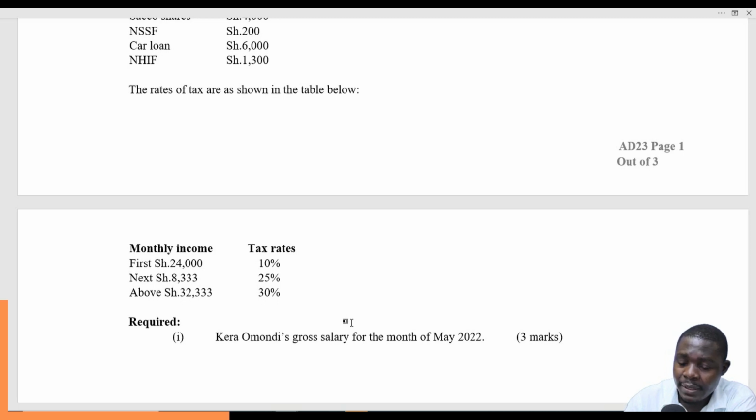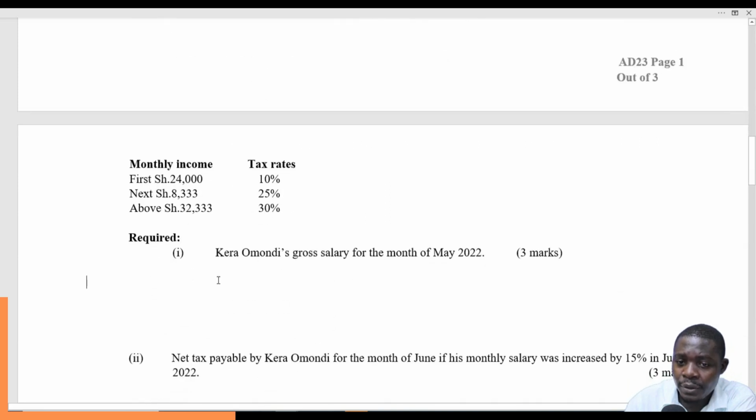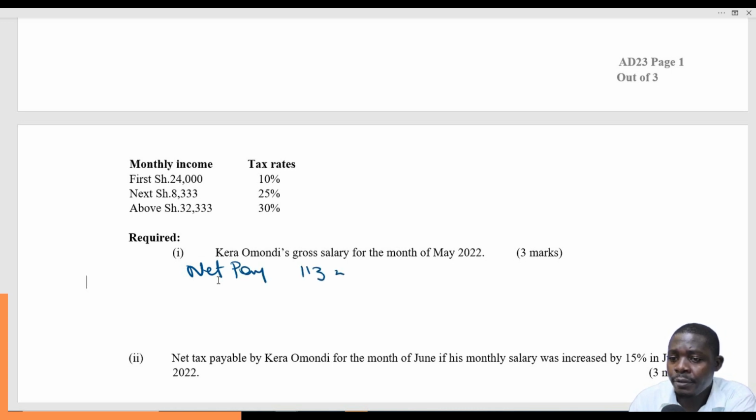Then we minus the deductions that have been given. Now in my computation, we are going to start with the net pay. We are told that is 113,536.90 cents. We are adding allowances, correct?